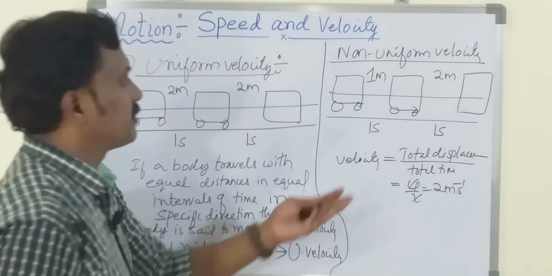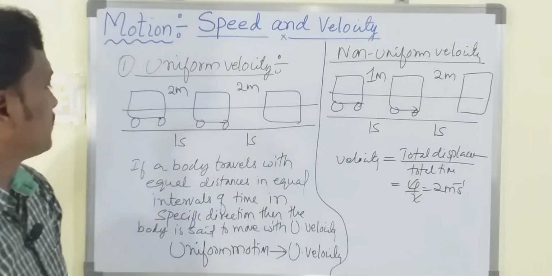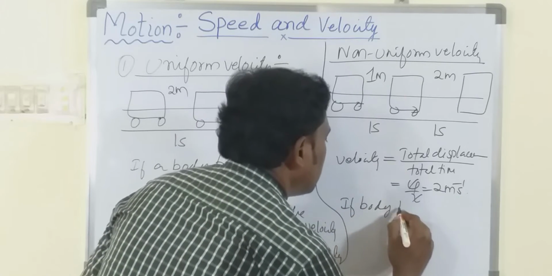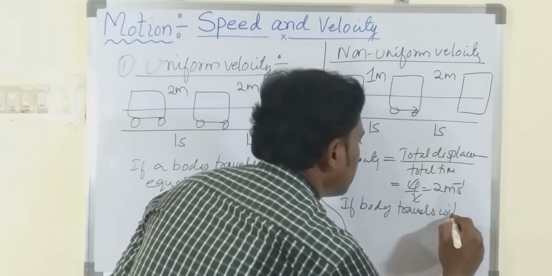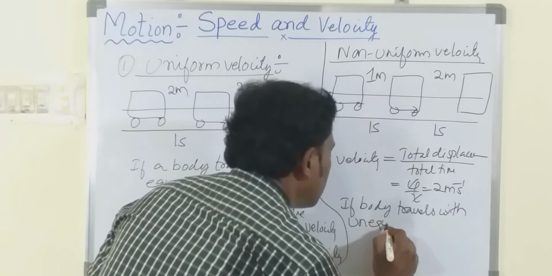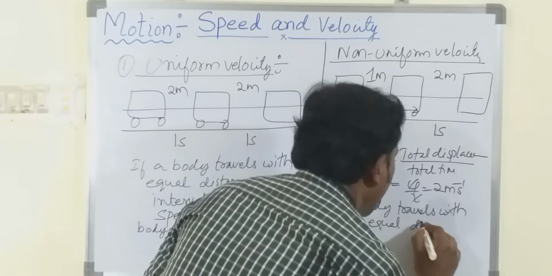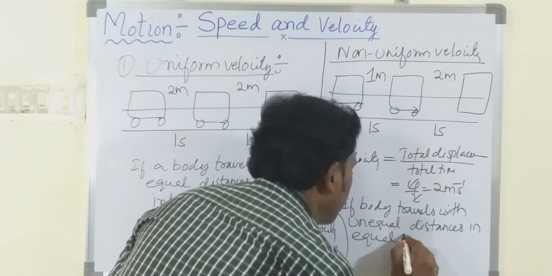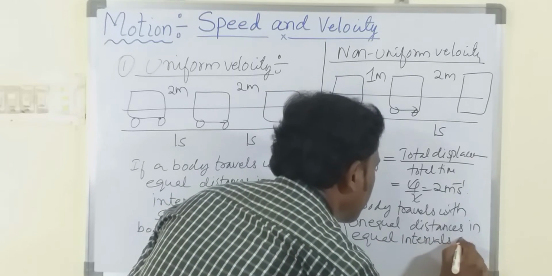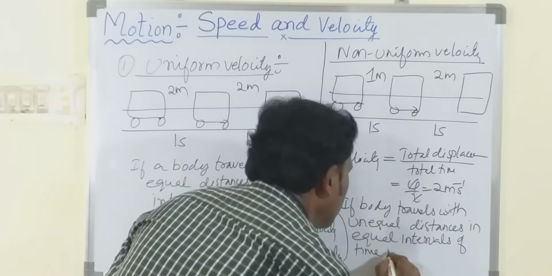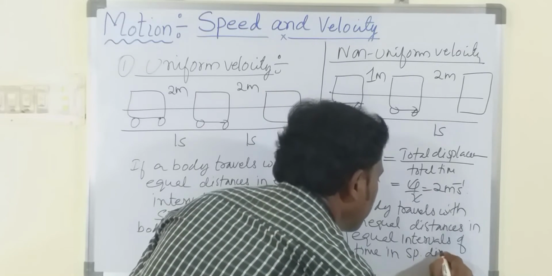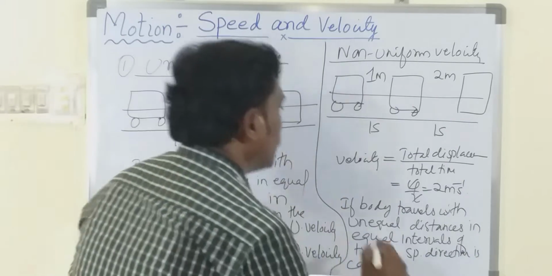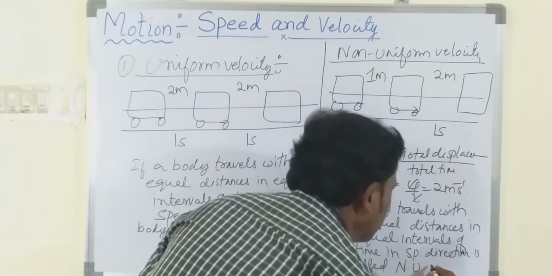Okay, it's fine. But how do you define it if the body travels with unequal distances? If a body travels with unequal distances in equal intervals of time in a specific direction, it is called non-uniform velocity.